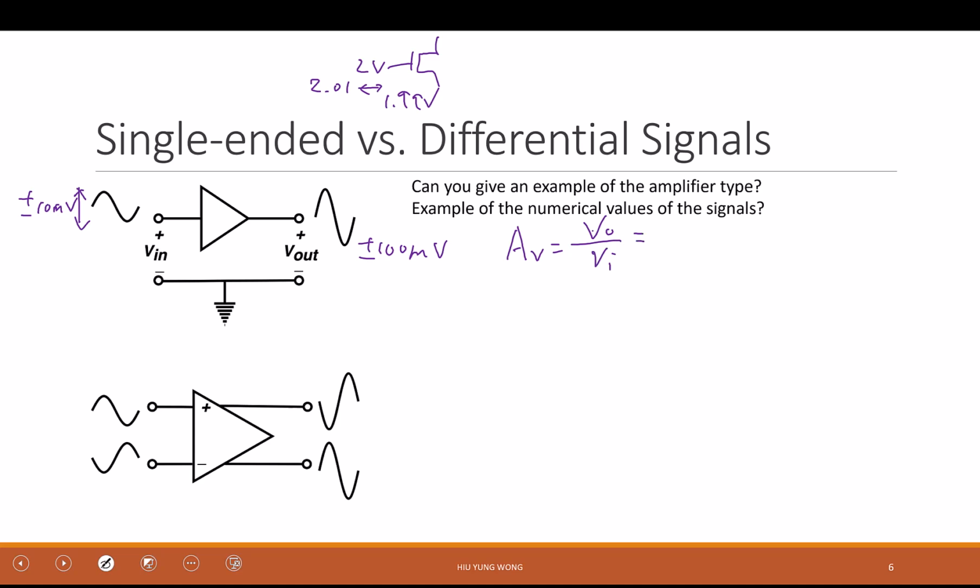And then you say, well, this one swing by 100, this is swing by 10, so the gain is 10. This is what you know already from single-ended amplifier, common source, common gate. That's what we did, right? We get the output voltage of the drain, maybe plus minus 100 millivolt, and the input to the gate is plus minus 10 millivolt, so the gain is 10.